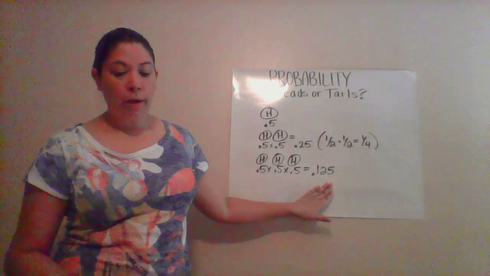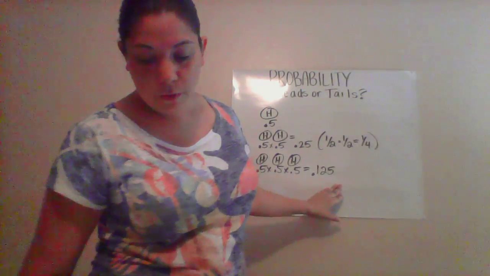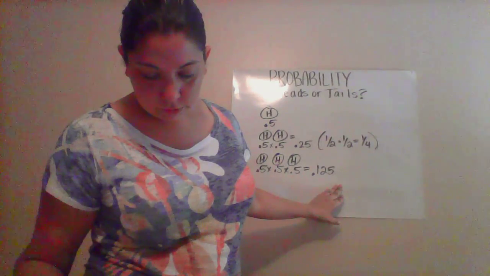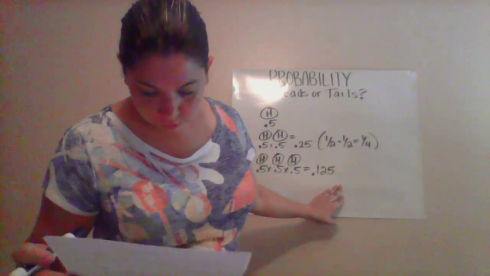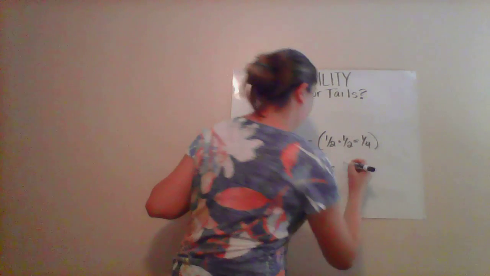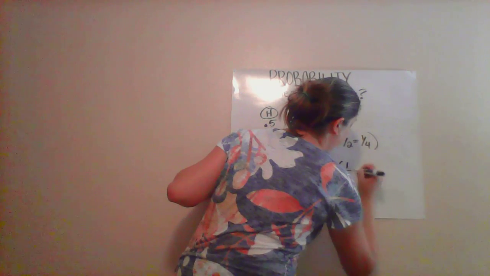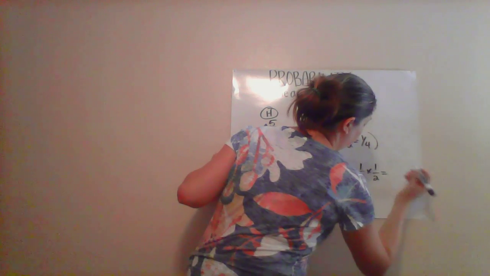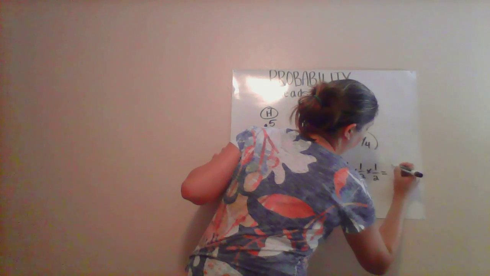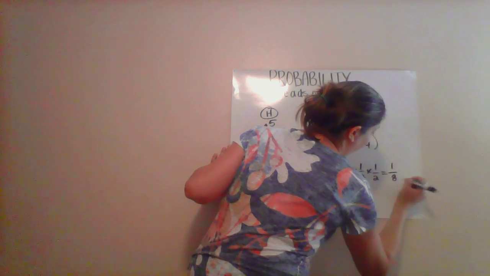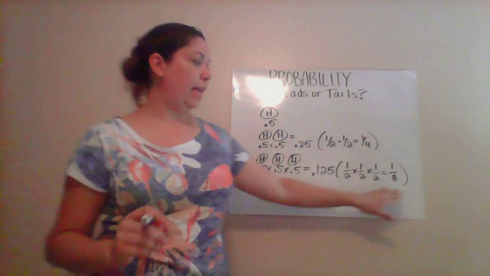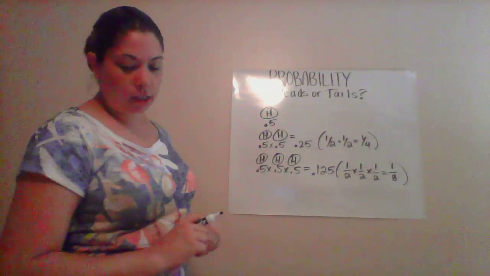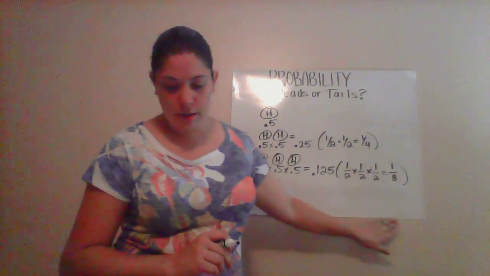Okay, so the way we can convert that into fractions would be 1/2 times 1/2 times 1/2 equals 1/8. Okay, so we have a 1/8 chance of 3 coins landing on heads. Okay, so it's pretty easy. The formula is to use.